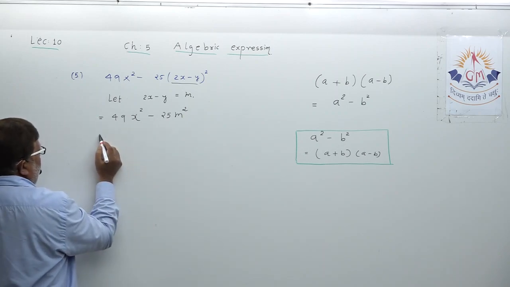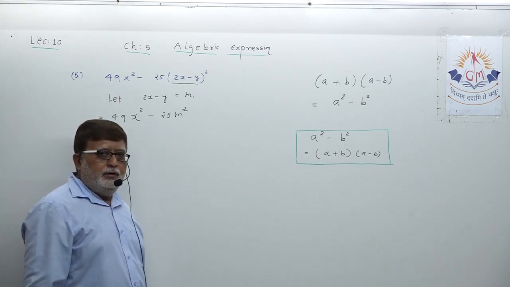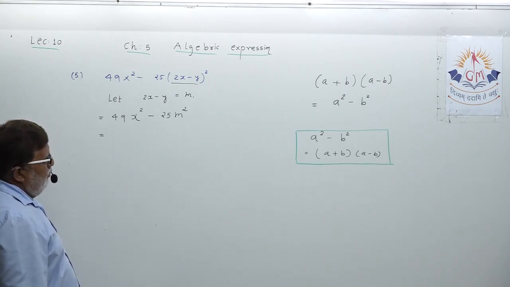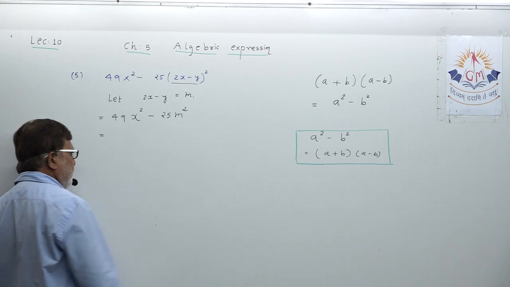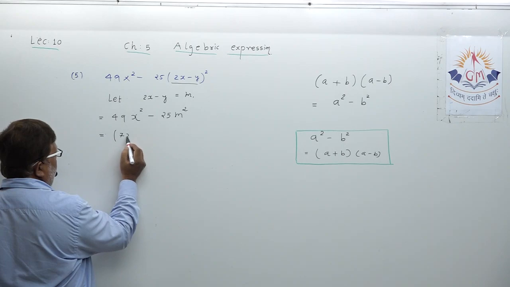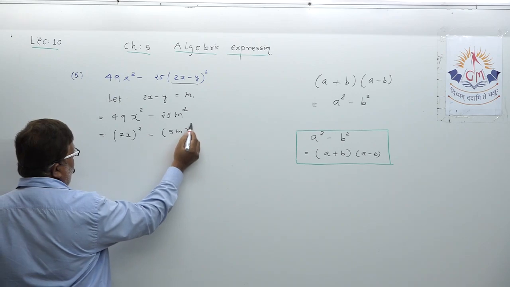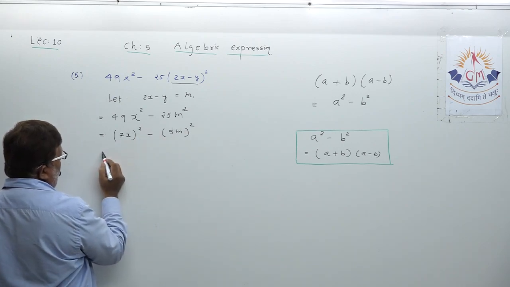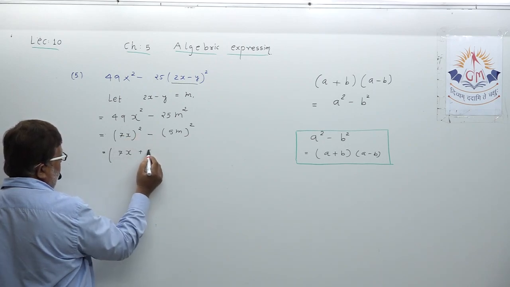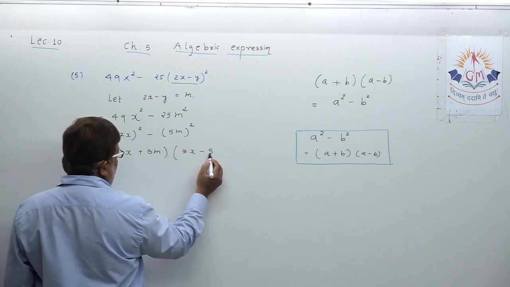How many terms, dear student? 2 terms. What is the sign between 2 terms? Negative. Are both perfect square terms? Yes. Let us apply. Take the square root of this, 7x whole square minus 5m whole square. 1 time plus, that means a plus b, and then a minus b.